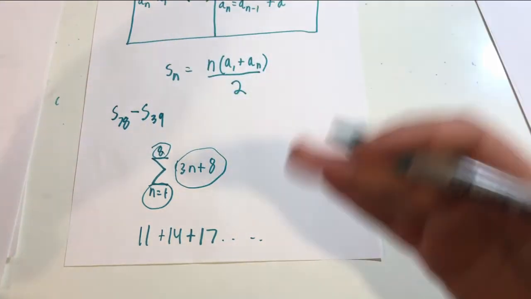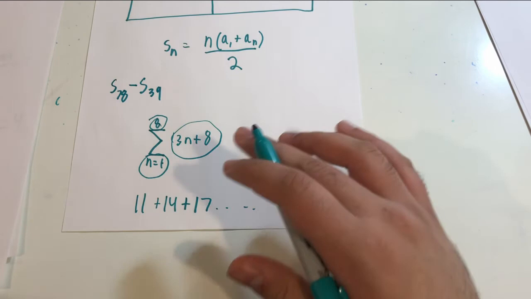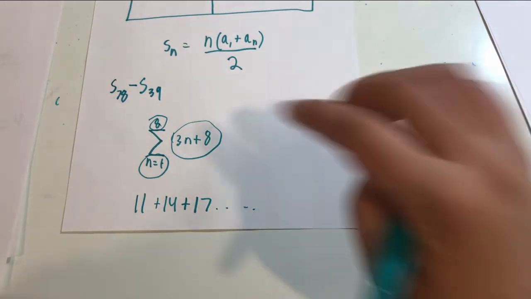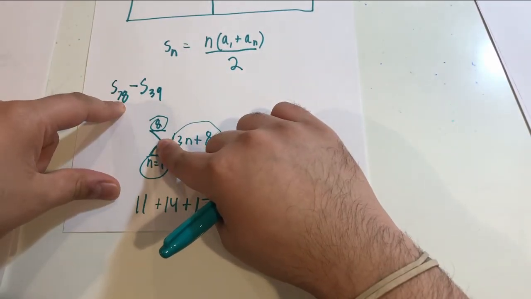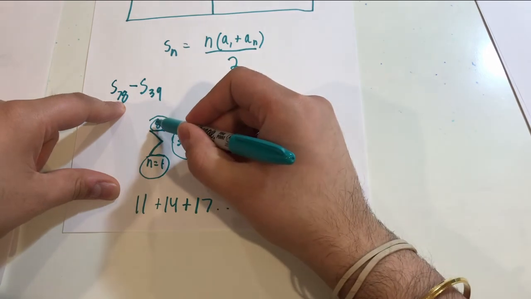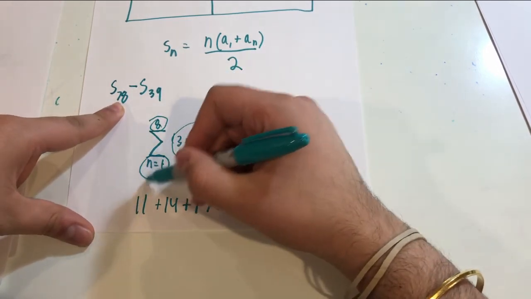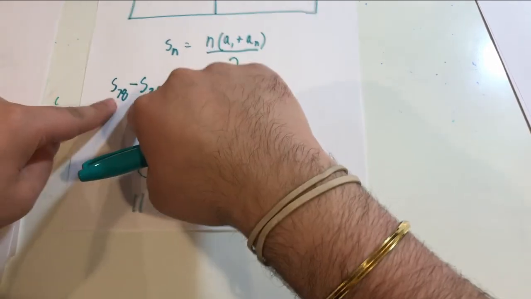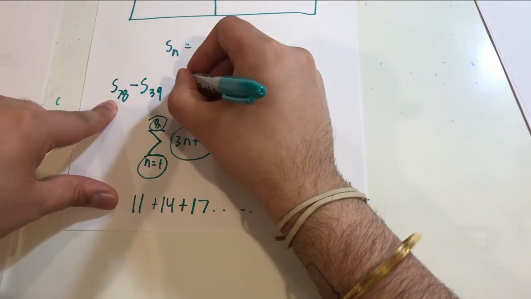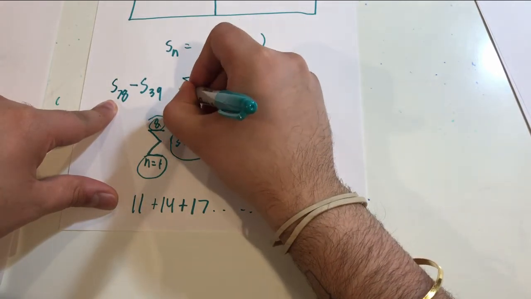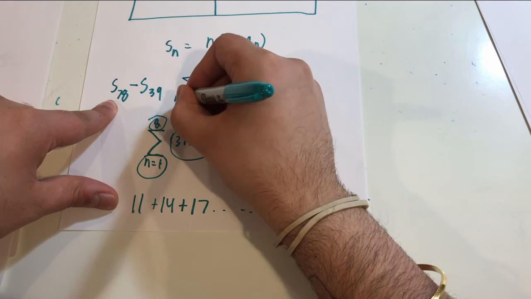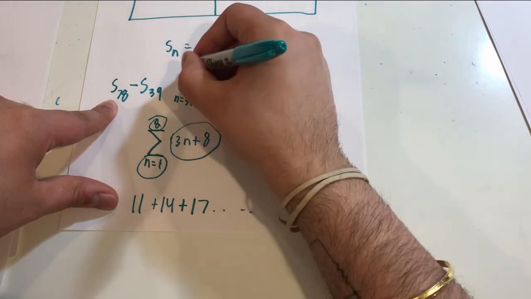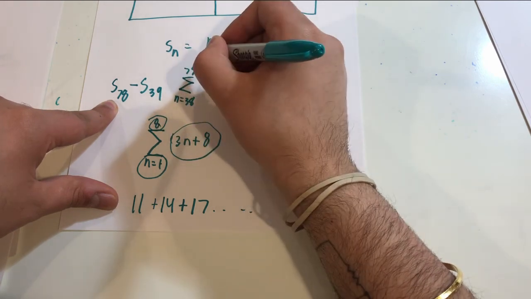Okay, and the last thing that I talked about was the summation notation. This is the Greek letter sigma, right? On top of it, you put that end term. On the bottom, you put the beginning term. So something like this would be used in sigma notation, n equals 38 up to 78.